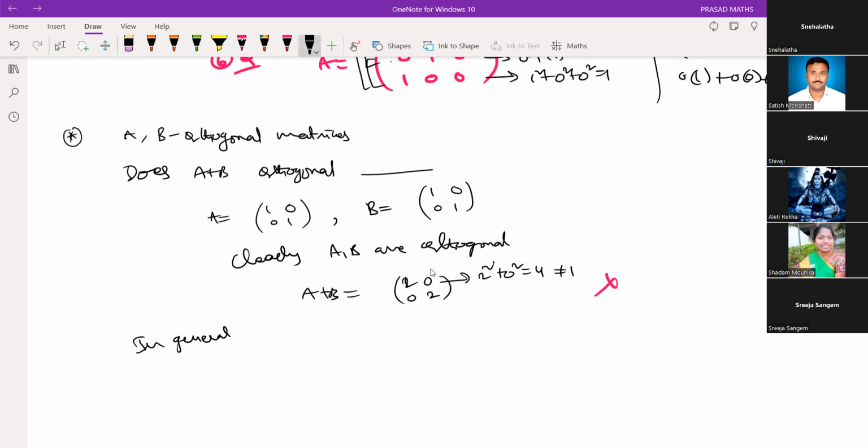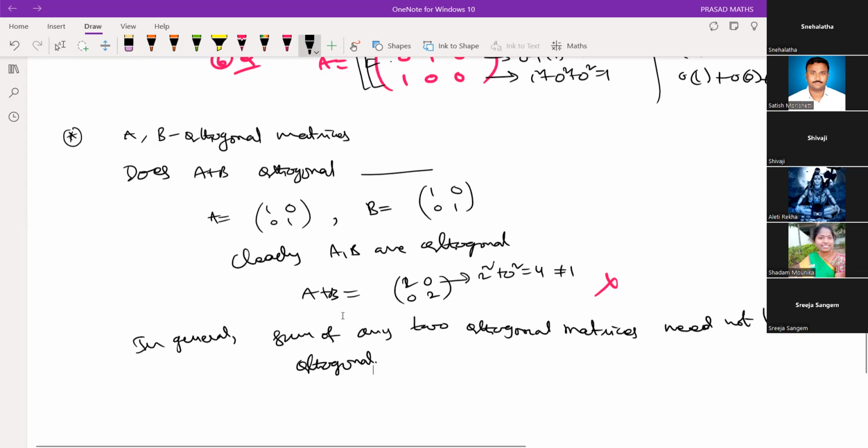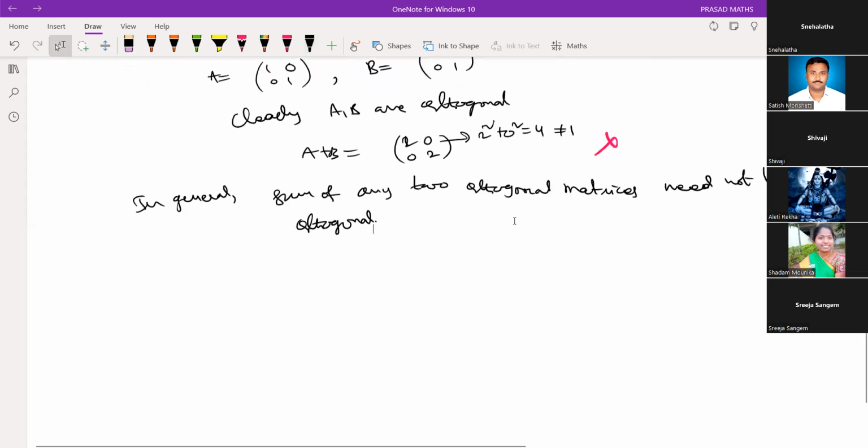The sum of any two orthogonal matrices need not be orthogonal. Why does it fail to be orthogonal?